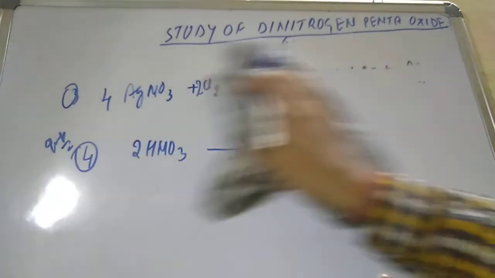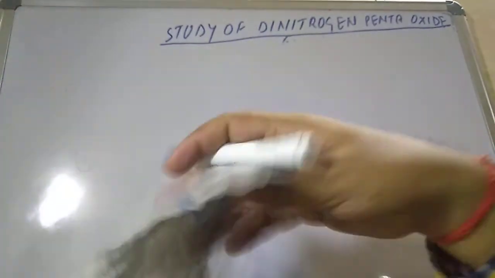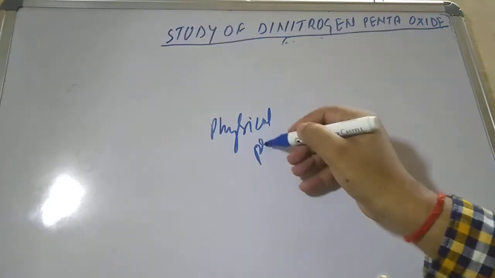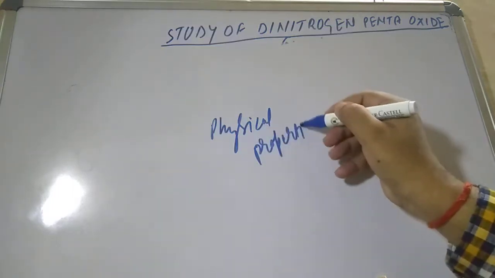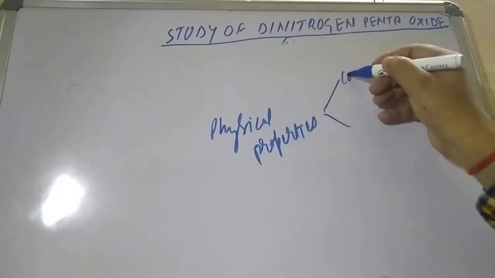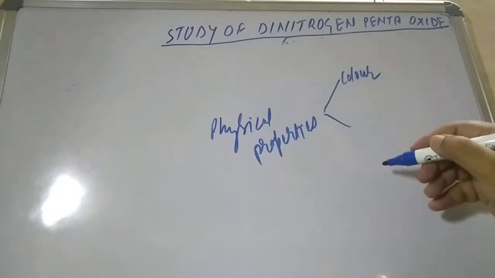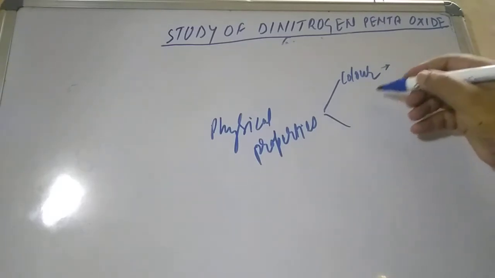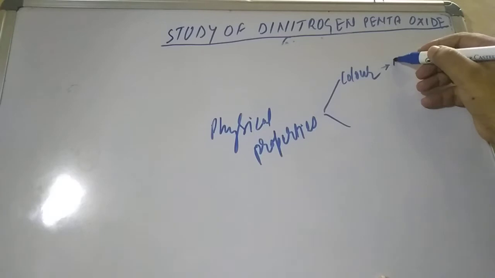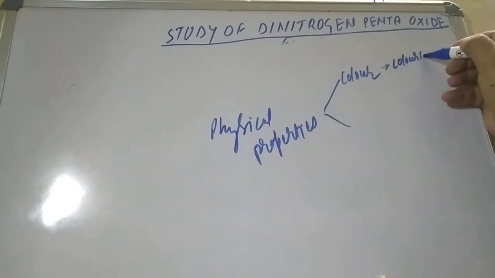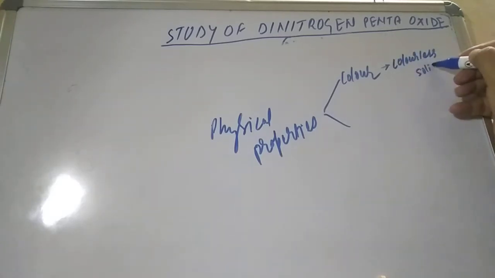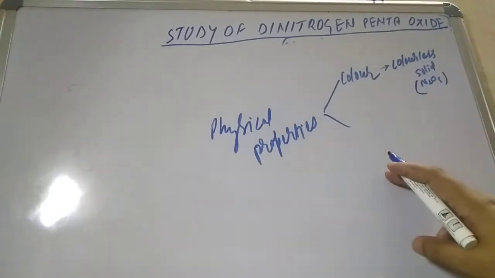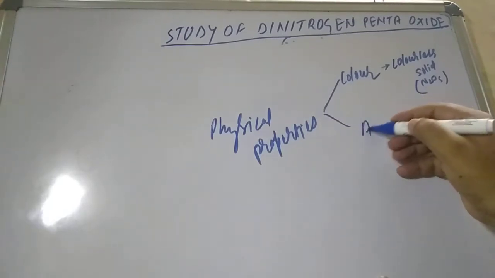Now we are going to discuss the physical properties, which include color and acidic nature. In physical properties, N2O5 is present in the form of a colorless solid and it is highly acidic.